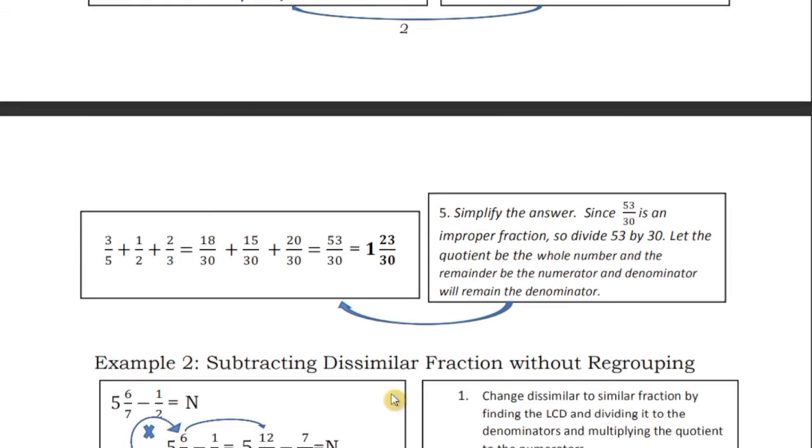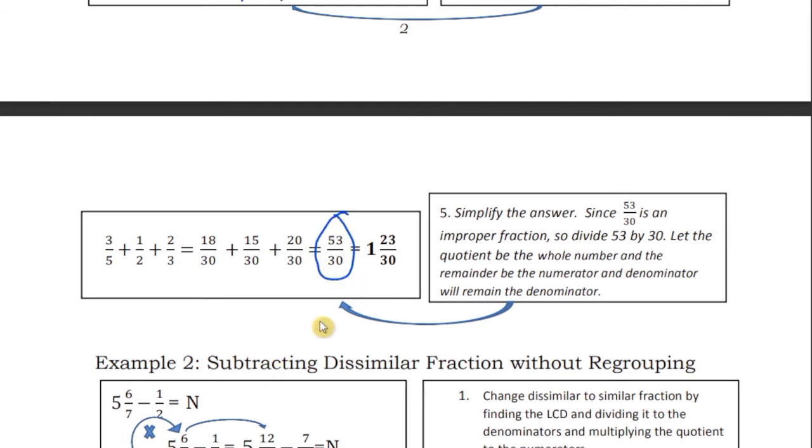Or since we have now an improper fraction, 53 over 30, make it a mixed fraction. So how to get this as a mixed fraction? We divide 53 by 30. So 53 divided by 30 is 1. 1 times 30 is 30.